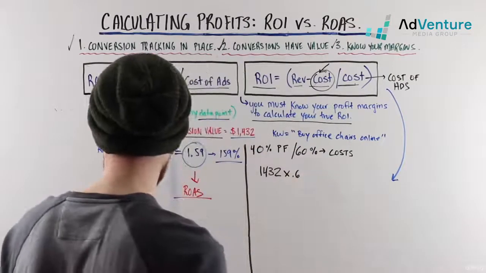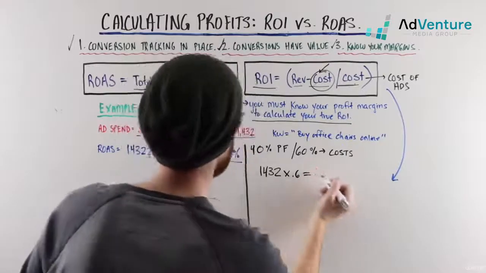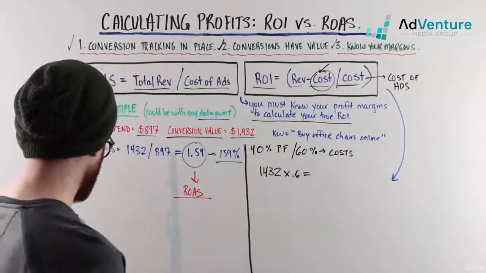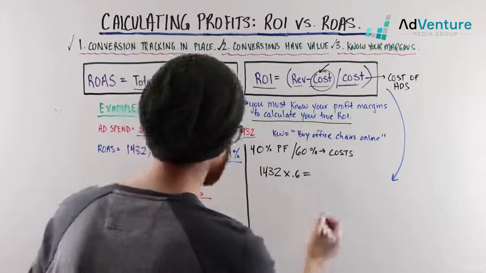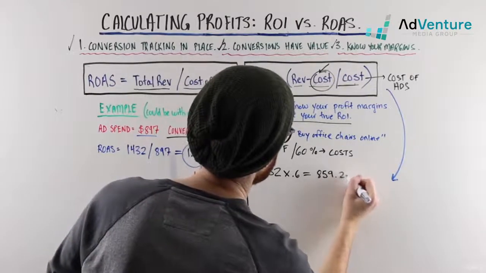That is how I get the cost of doing business for these profit margins. And if you do the math in your calculator, 1432 multiplied by 0.6 comes out to 859.20.